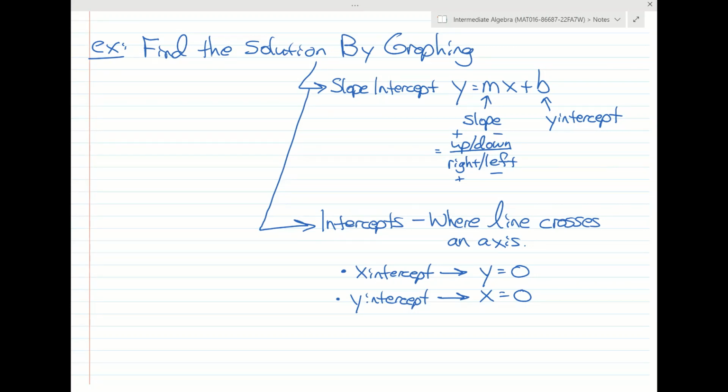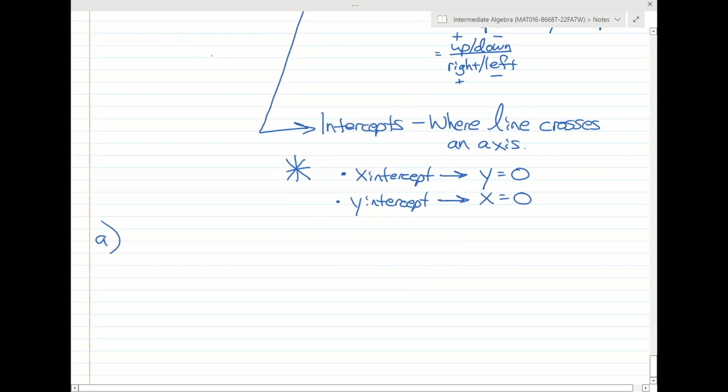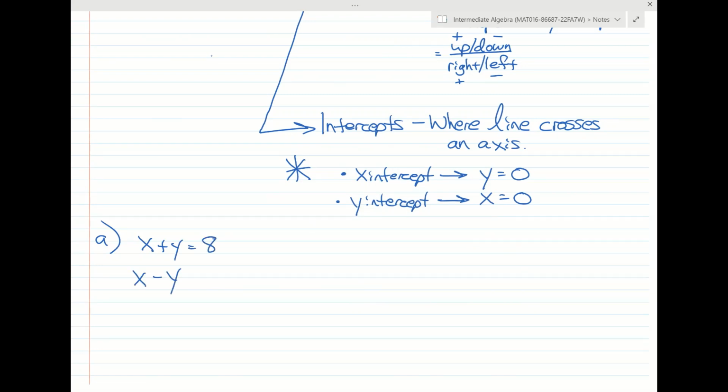What I'll do is I'll show you a few examples. Generally, the way that I prefer to graph is by getting the intercepts. I think that's just easier. So let me show you. What if I gave you a problem where it's x plus y equals 8 and x minus y is equal to -2, and that's one system.